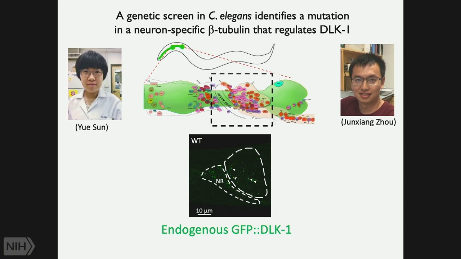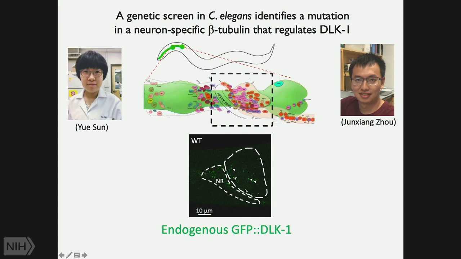What they did is they took advantage of genetic tagging of endogenous DLK, and then they decided to look for strains that could be upregulating DLK. What we're showing here is a C. elegans worm, and the whole brain is more or less here with lots of soma, and the neuropils are connected here.